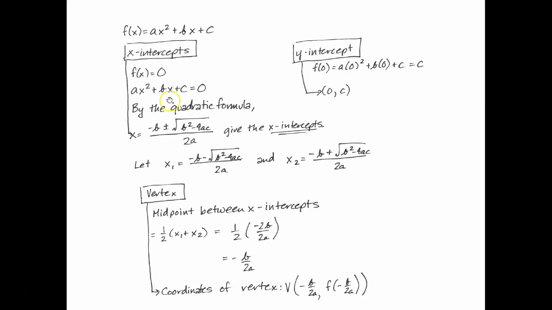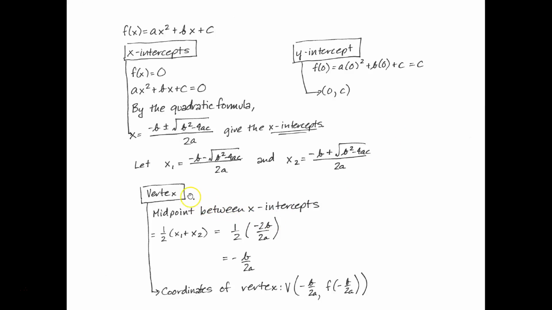So if ax squared plus bx plus c equals 0, by the quadratic formula, we found that taking the opposite of b plus or minus the square root of b squared minus 4ac all over 2a gives us the solutions to this equation, and we now get the x-intercepts of the quadratic function. And the y-intercept is found by letting x be 0, and a times 0 squared plus b times 0 plus c gives us c. So (0, c) is the y-intercept of the function.